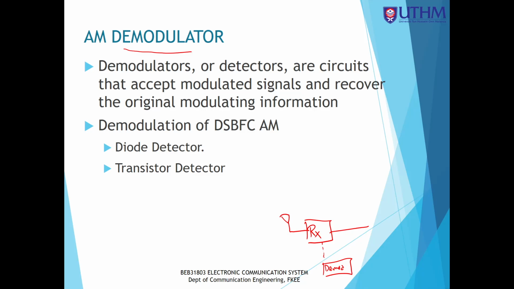It will do the demodulation process to convert the received signal into the original frequency signal, so that the other side will listen to the same voice, which is my voice.